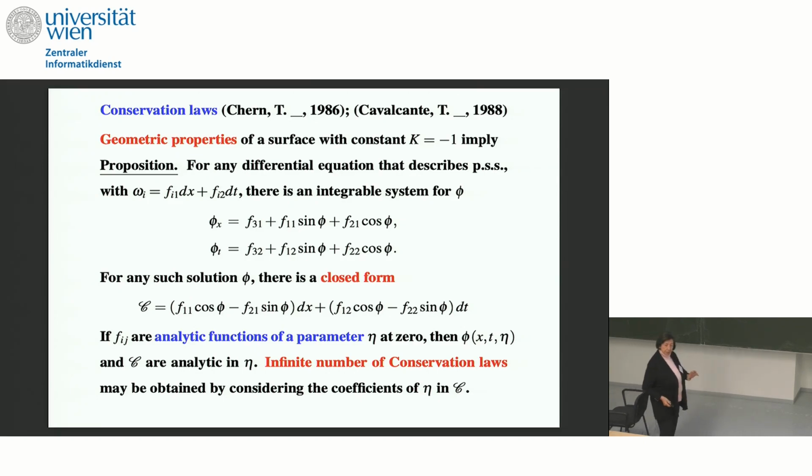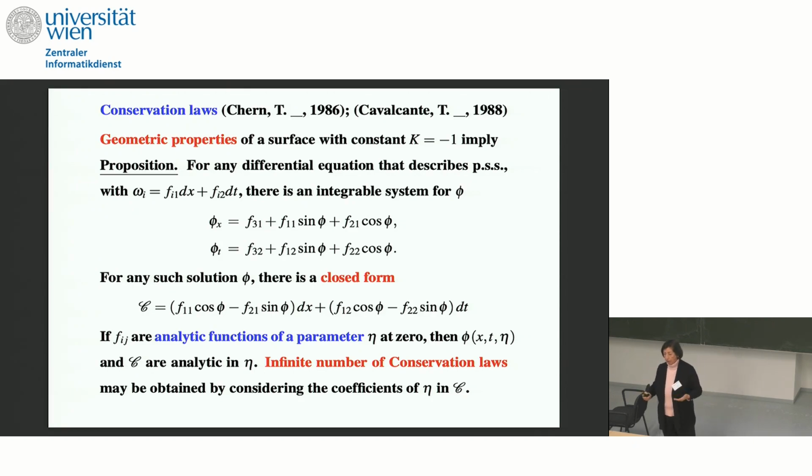There is a geometric property that tells you whenever you have curvature -1, you can always choose two special orthonormal vector fields such that in one direction you have a geodesic, and in the other direction you have a horocycle. Now, in order to do this, remember when we started with the equation, we had omega-1, omega-2.